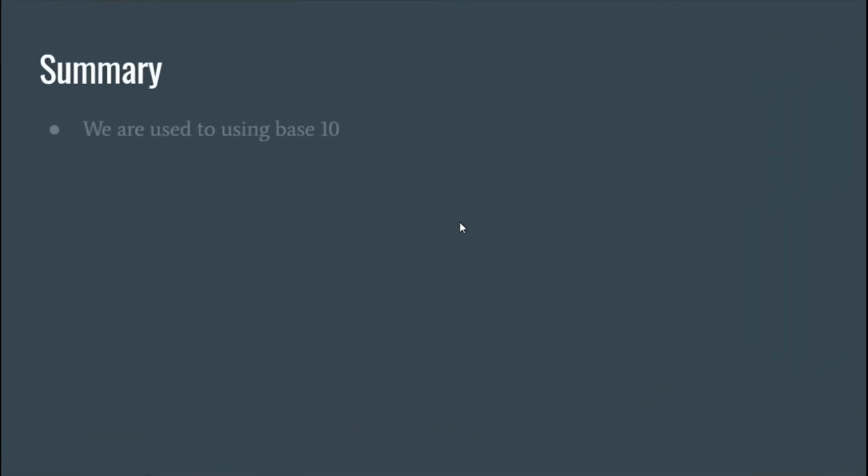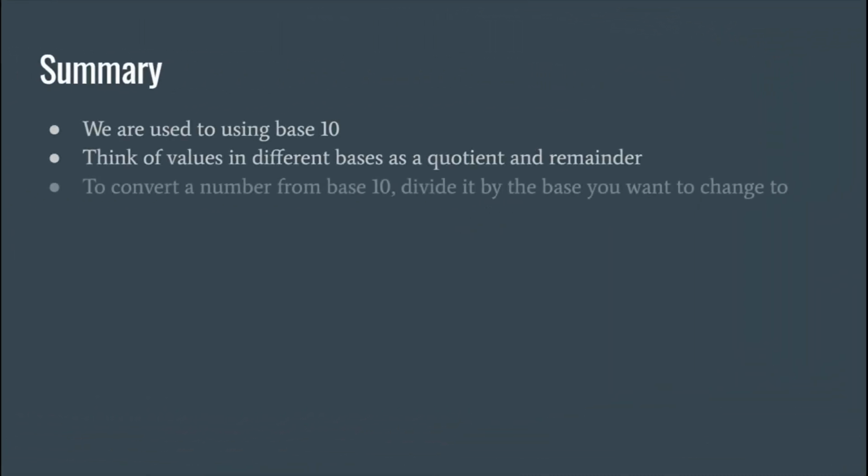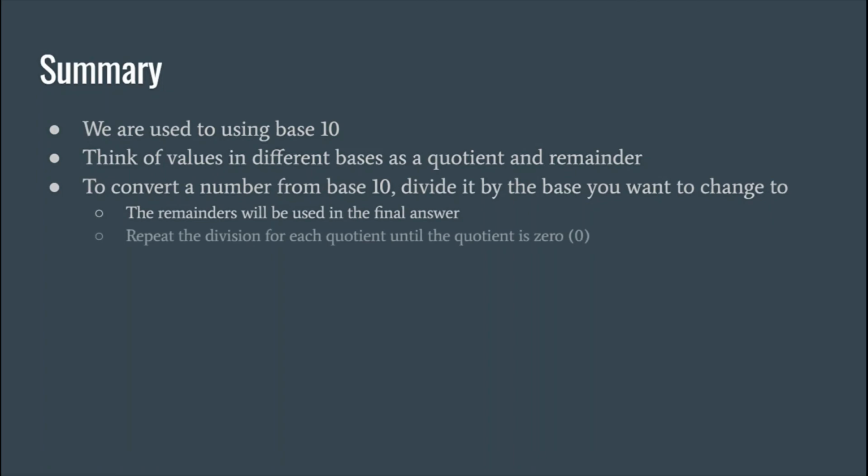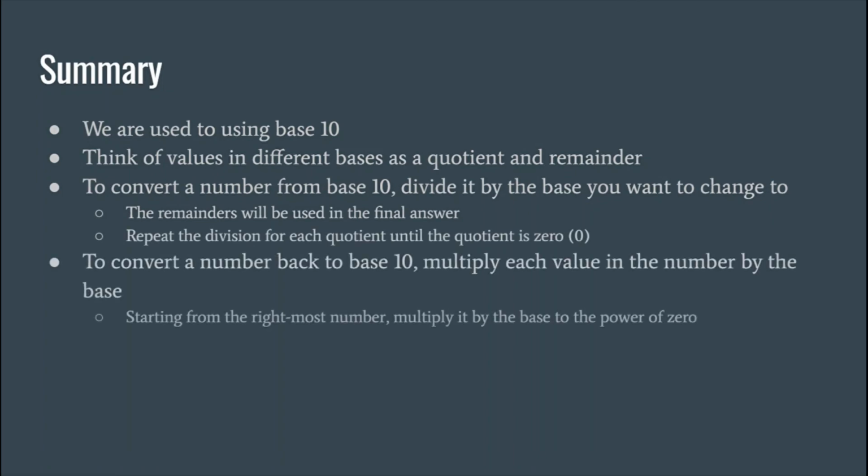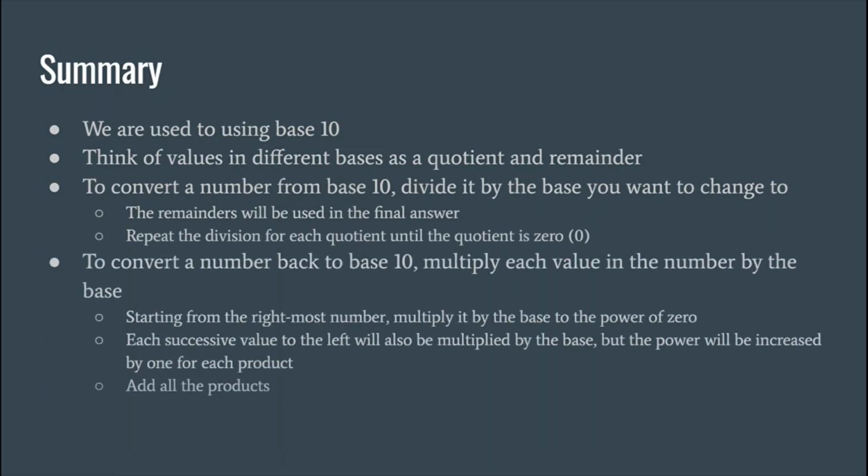Okay, so to sum it up, base 10 numbers you're familiar with. Changing into a different base, we're using division, and you can think of the values in different bases as a quotient with a remainder. To convert, we're using repeated division. Remainders will be used in your final answer, and we're using each quotient until the final quotient you get to is 0.